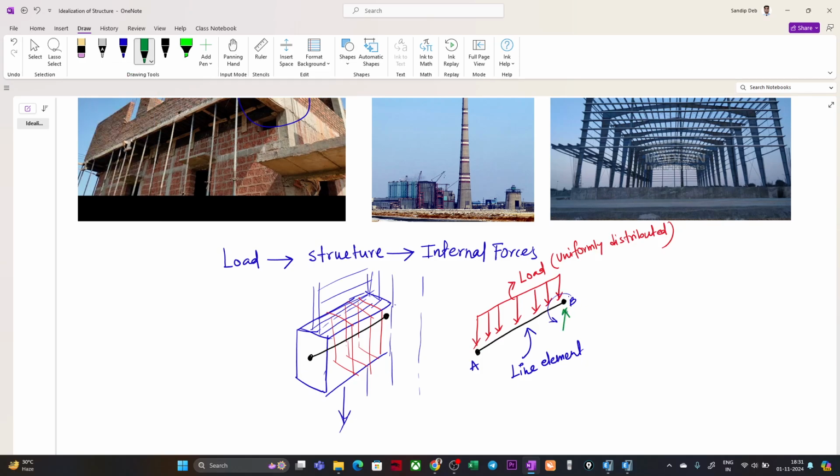So I have a resisting force, because of which it is not coming down, so we call it, suppose, the vertical force, okay, fine.